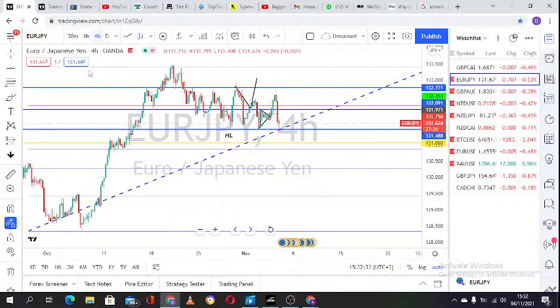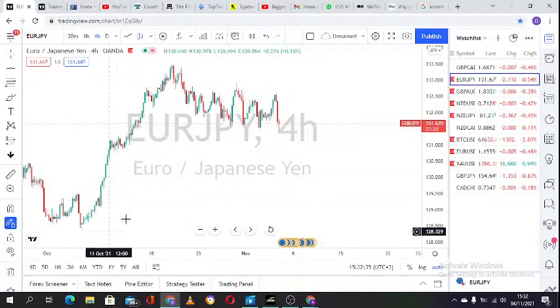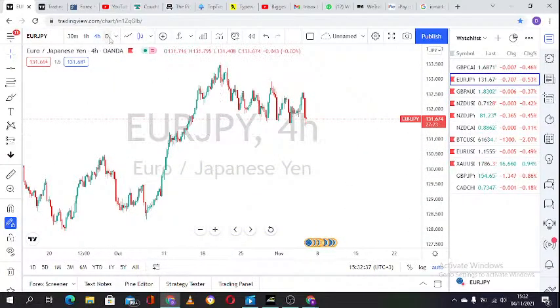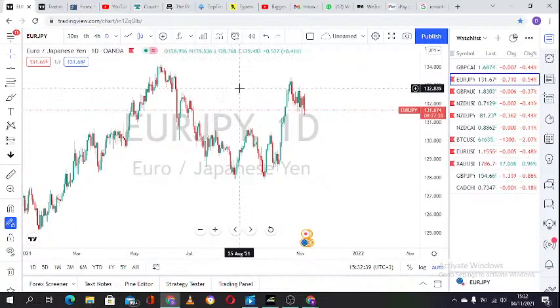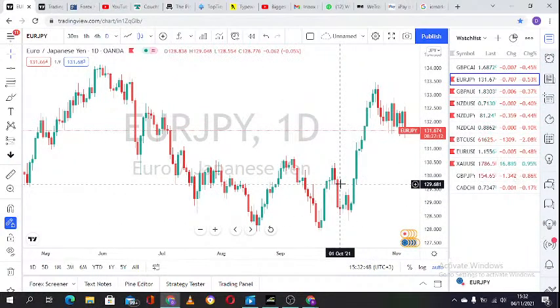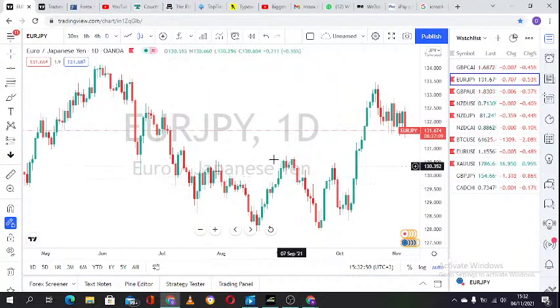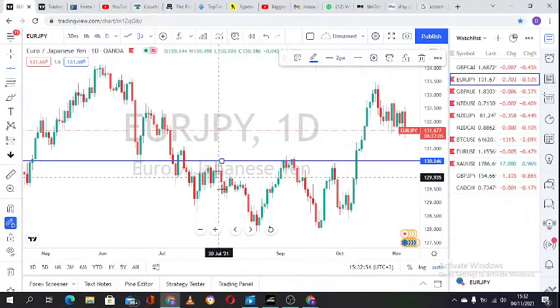EJ, let's go through it. Let me just clear everything on EJ so that we can have a clean chart. So EJ on the daily time frame, let's just have a range on where we're looking at price. Let's see what's happening. We can definitely see EJ did break out from this area. Nice breakout from this first touch, second, third touch, finally the fourth touch.